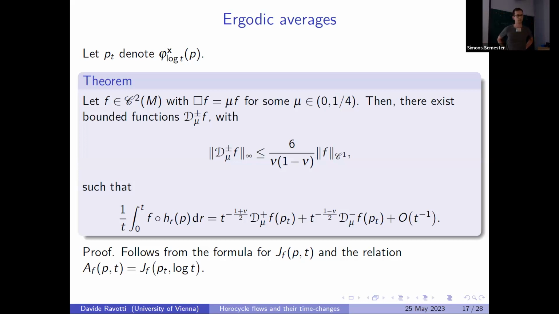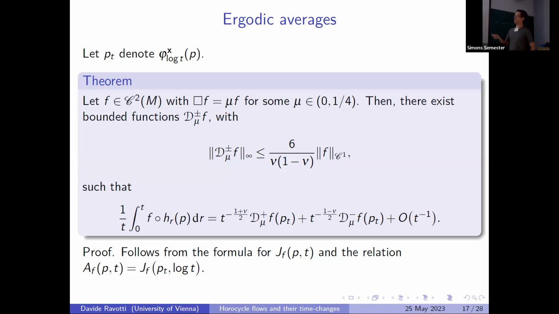Yes, only on this. In particular, we also find that this function turned out to have zero integral, and we also proved that the ergodic averages go to zero, which, thank goodness, is the case.